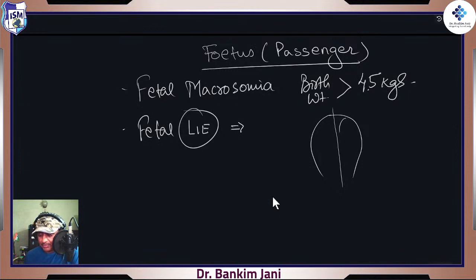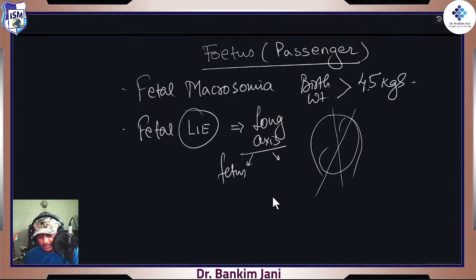So if the baby is, let's say, obliquely placed like this, we'll be talking about this in more detail, but that is what is called the lie. So whenever we talk about fetal lie, it would be the long axis of the fetus and the uterus.